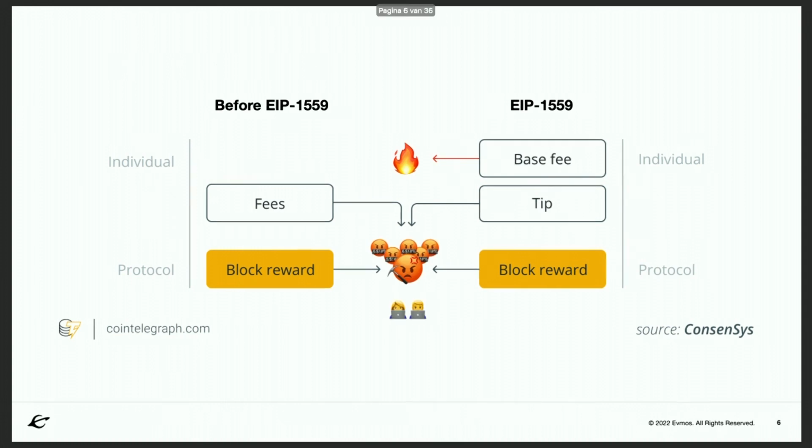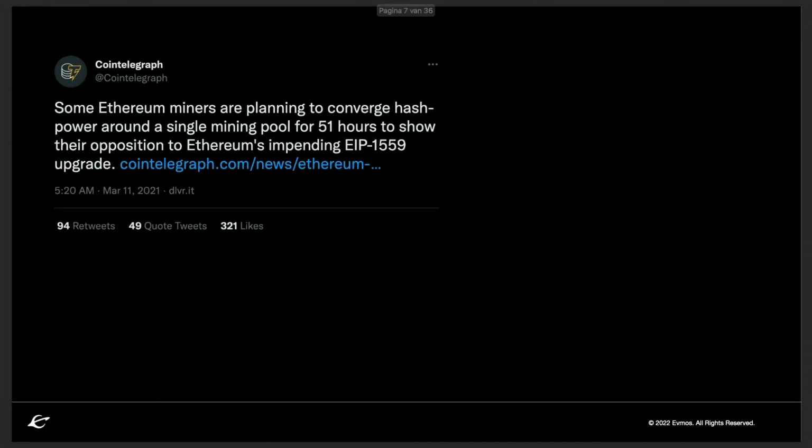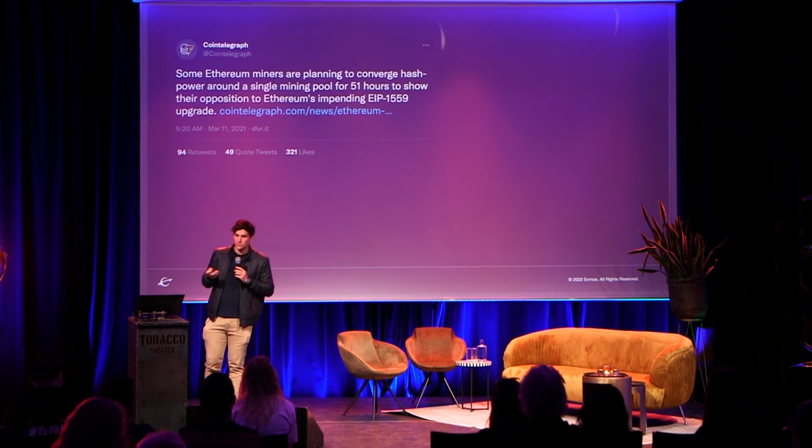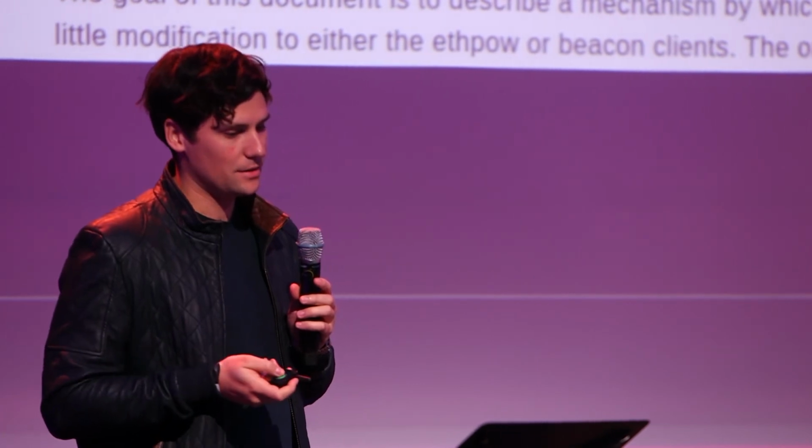And of course, the miners were not happy and they went all against the developers. So there was this massive drama in early 2021, where miners tried to create different threats against the developer community and the whole Ethereum community, to do a 51% attack and effectively hard fork Ethereum.